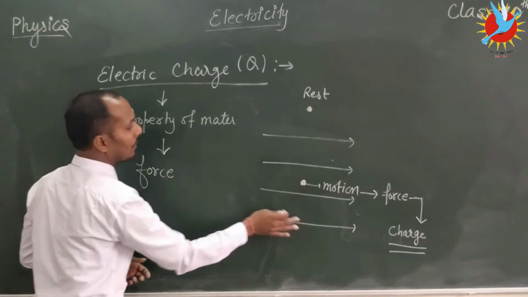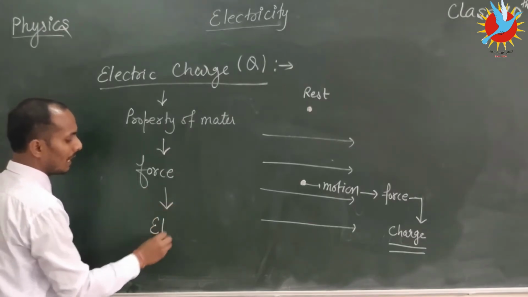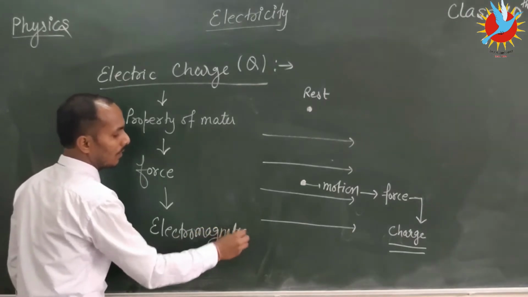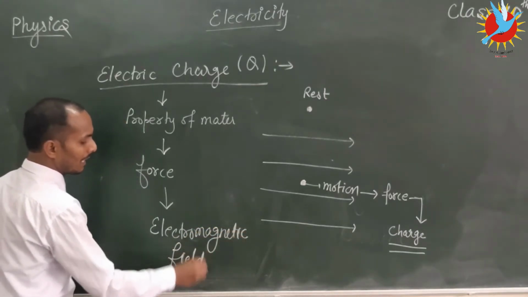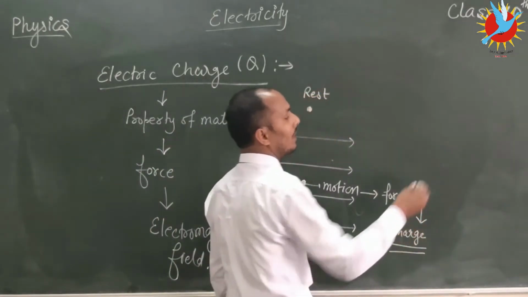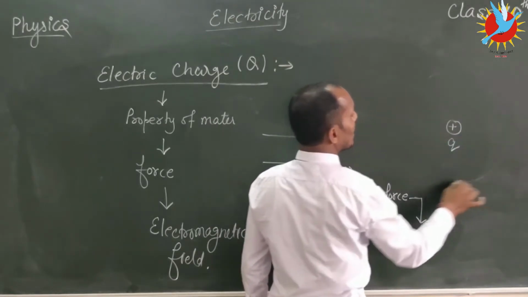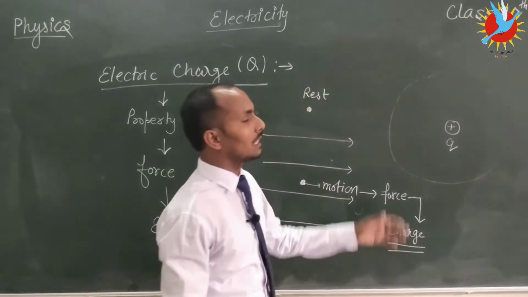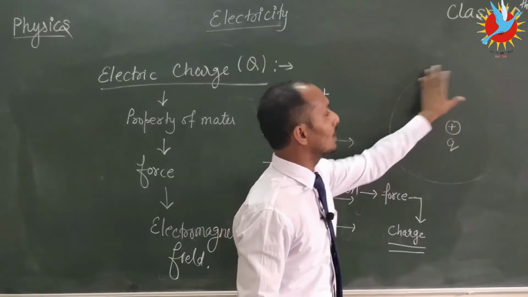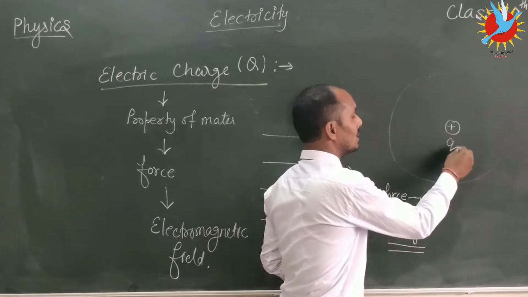When you place it in an electric field, you find that a force is acting on it. What is the meaning of electromagnetic field, or simply electric field? Suppose I have some charge here, then there is a space around the charge where another charge experiences force.